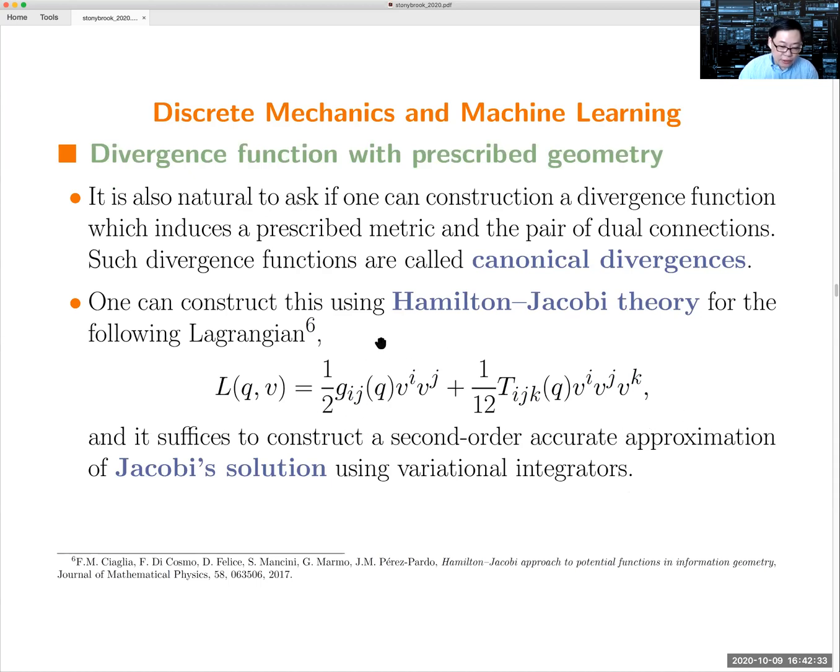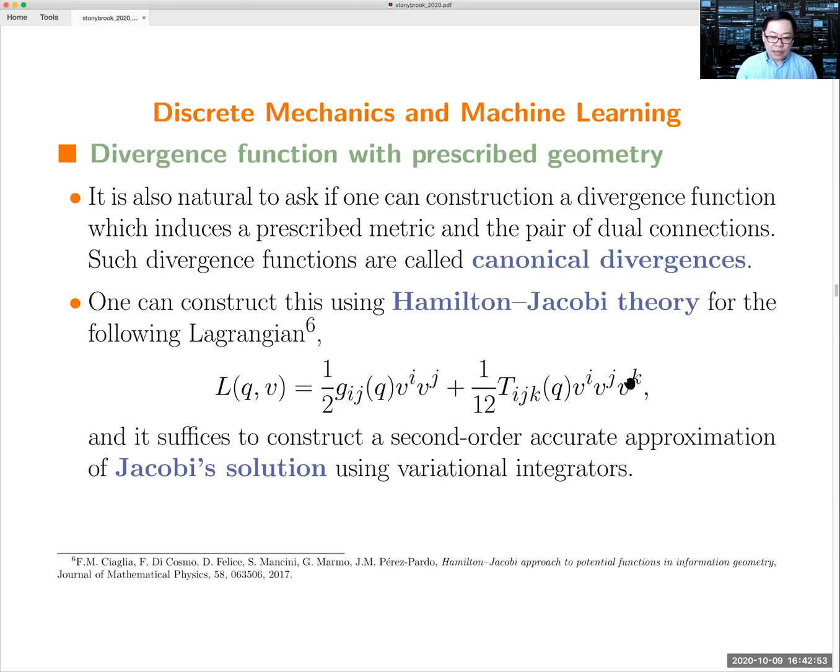It's a kinetic energy term associated with the metric, which is fairly natural, and then the skewness tensor which we looked at earlier, which measures the extent to which the pair of dual connections deviates from the Levi-Civita connection.